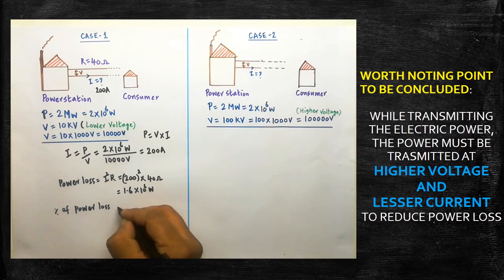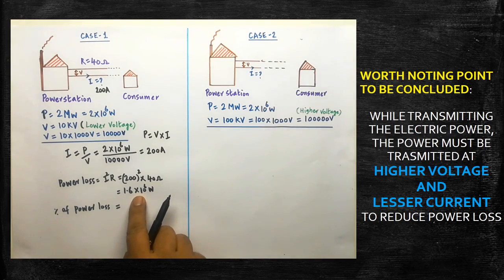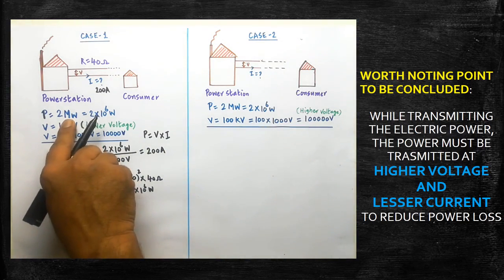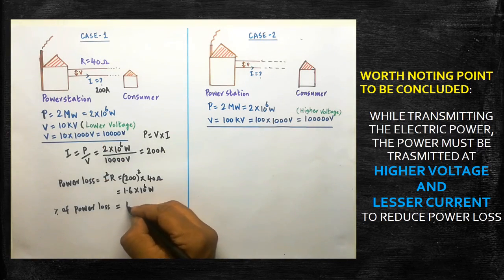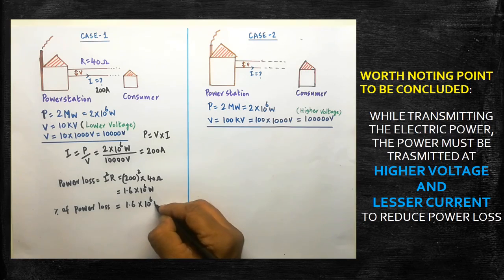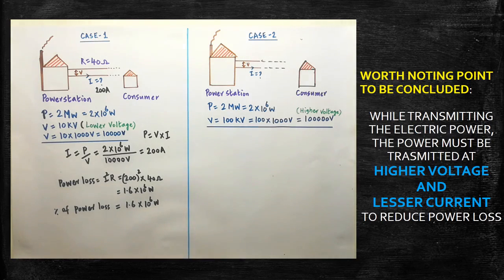How will you calculate the percentage of power loss? The power lost in the wire is to be divided by the total power which is sent through the wire. Therefore, how will you write? 1.6 into 10 to the power of 6 watt of power is lost. That is to be divided by which one?